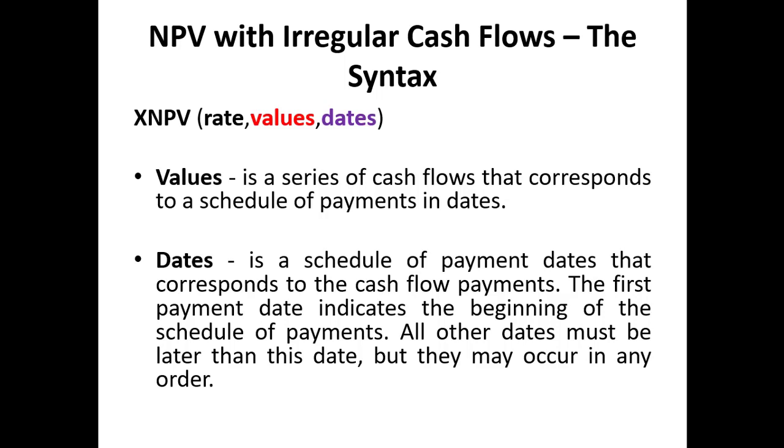So all the cash flows would be brought to the very first date of the given project. On the very first day, say it is 1st of April 2020, you have a cash outflow. Once you select all the cash flows and the dates, this function would read them. So in this particular case, you need not go for any manual adjustment as you did in the case of NPV.